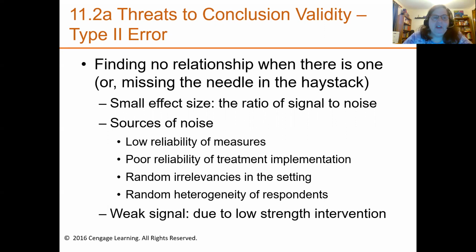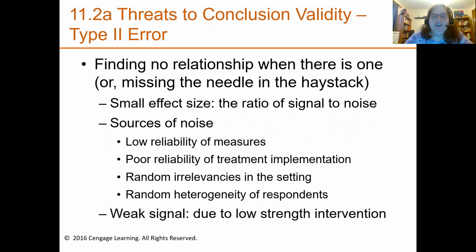And then you have random heterogeneity of respondents. The more unique your respondents are from each other, the more different they are from each other, the more heterogeneous a sample you have, the more likely it is that you're going to have more noise.